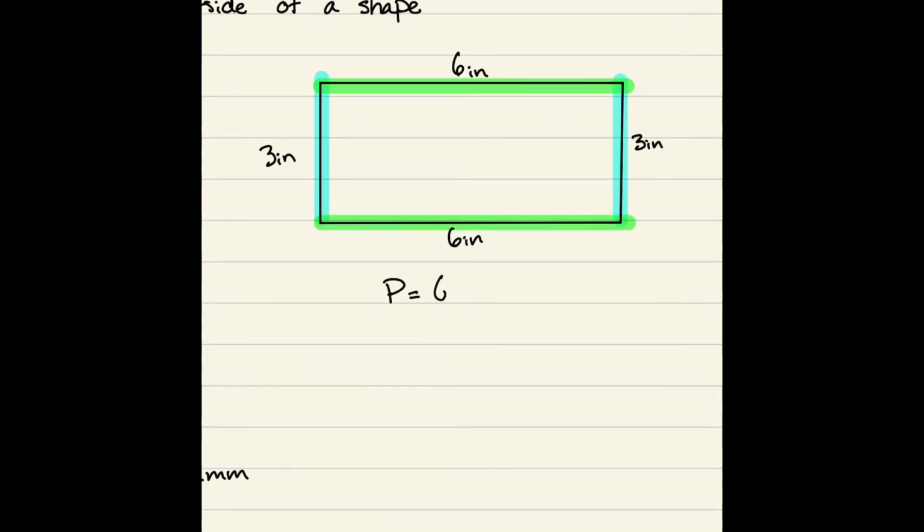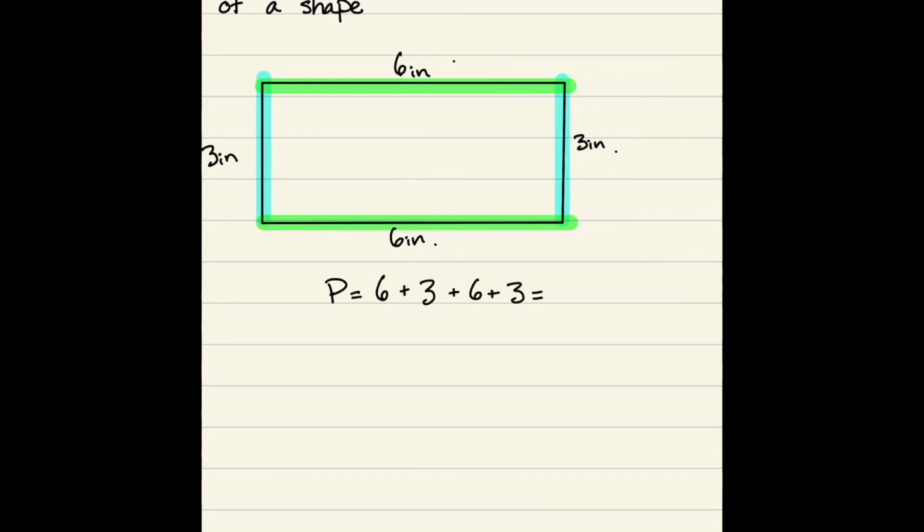So we have our 6 right here plus our 3 plus another 6 plus another 3. So that gets us to 6 plus 3 is 9, and this 6 plus 3 is also 9, and 9 plus 9 is equal to 18.